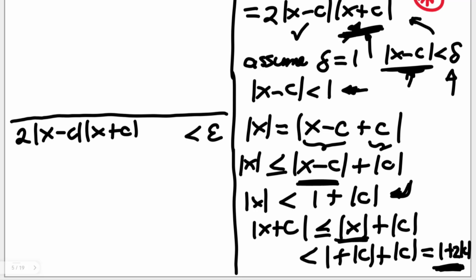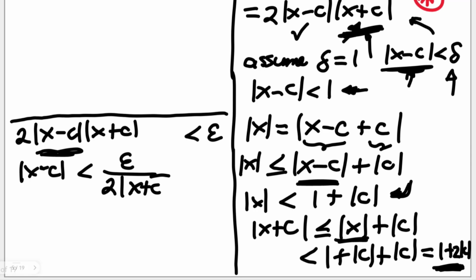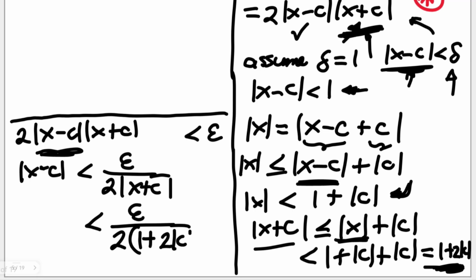And we would like to isolate x - c here. As mentioned, you have |x - c| is less than epsilon over twice the absolute value of x + c. But this is again indicated here. That would mean this is less than epsilon over twice times 1 plus twice the absolute value of c.